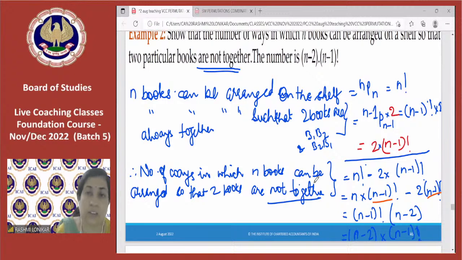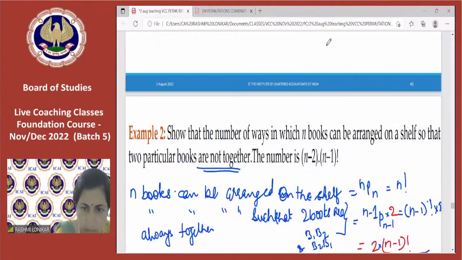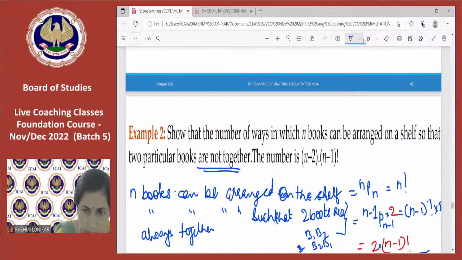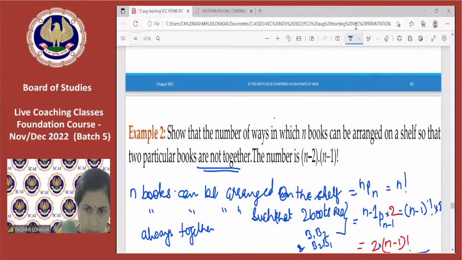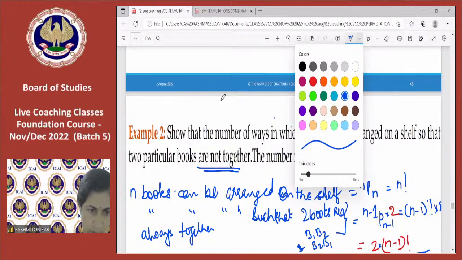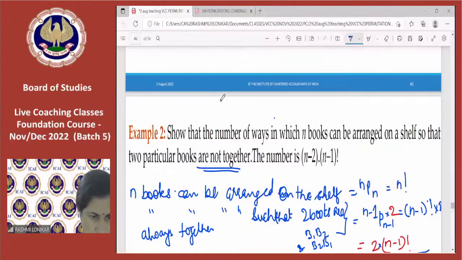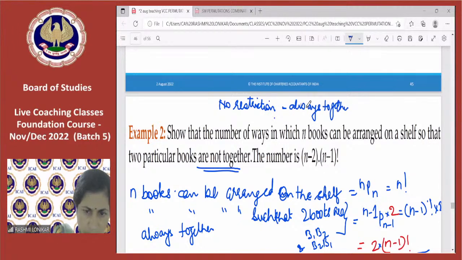I will get the condition when they are never together.